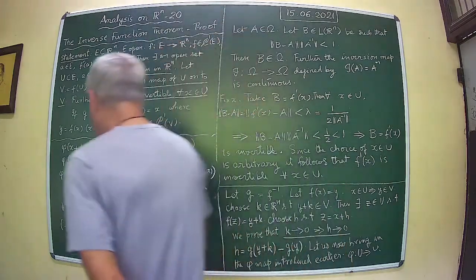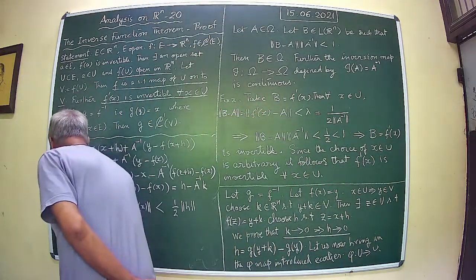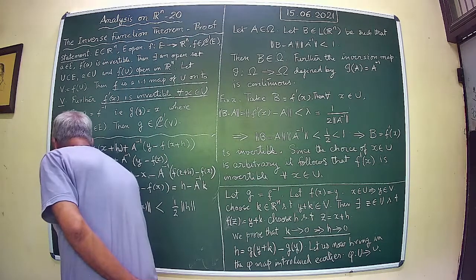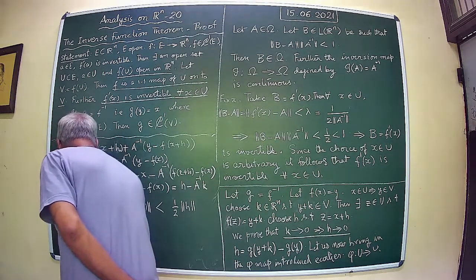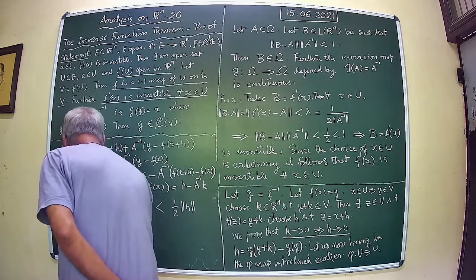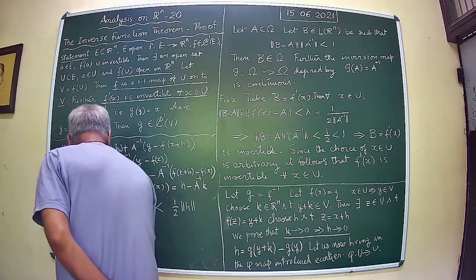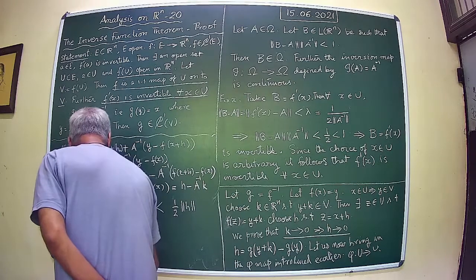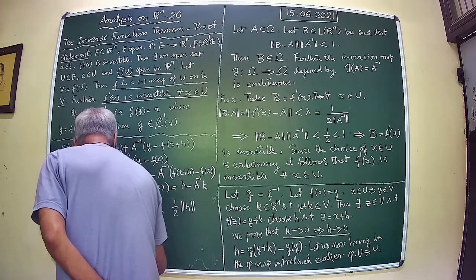Therefore, we get norm of h minus norm of A inverse of k is less than half of norm of h.